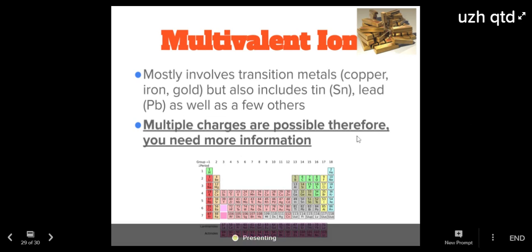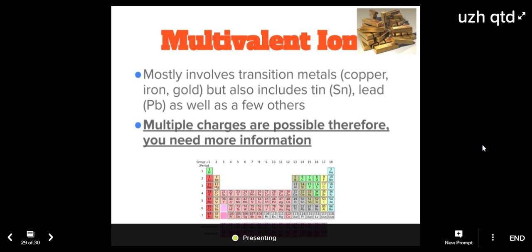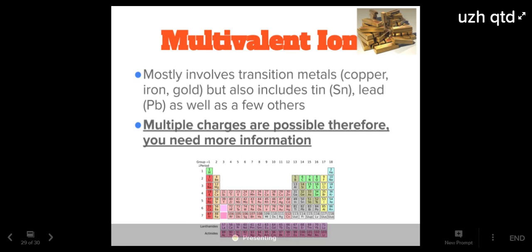Because our transition metal block has the capability for multiple charges across the block, you need more information for these in order to fully process them. We'll talk about this later when we talk about ionic bonding and ionic naming in Unit 3.